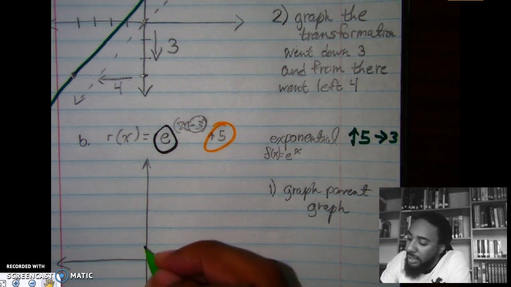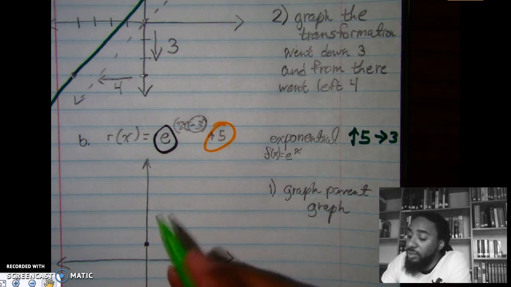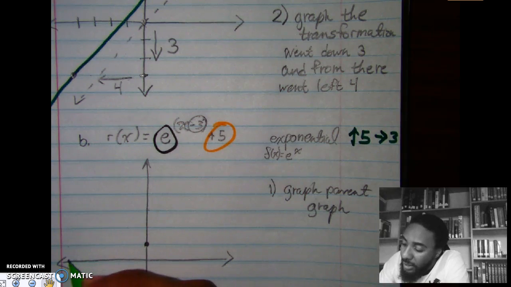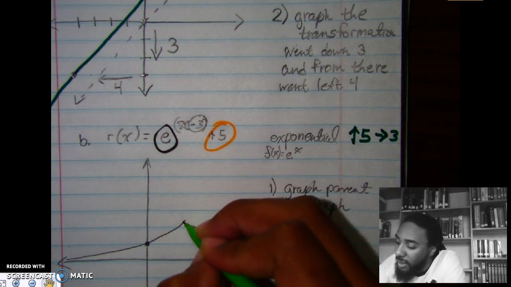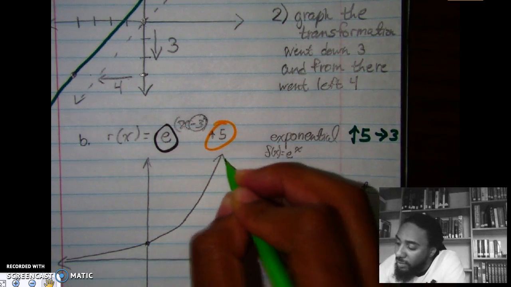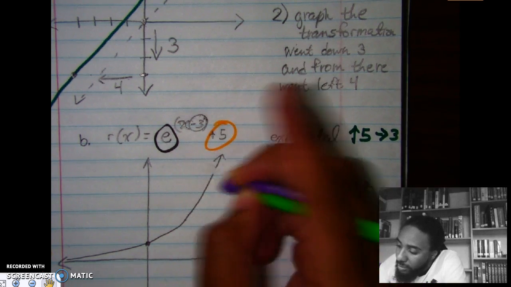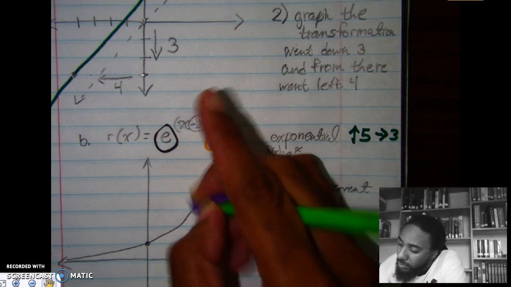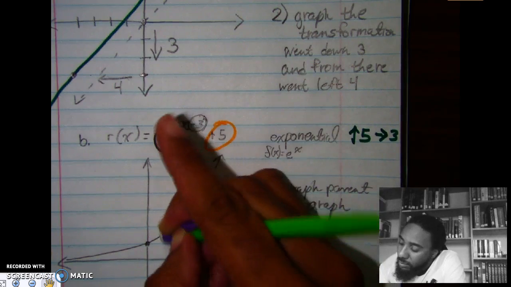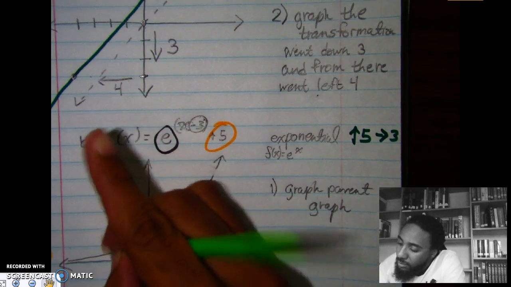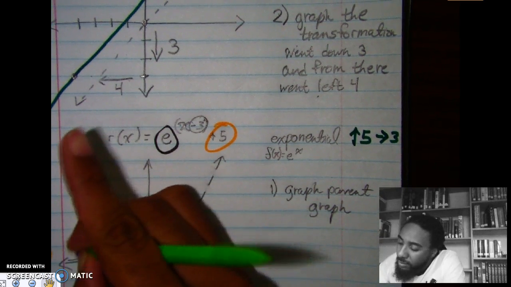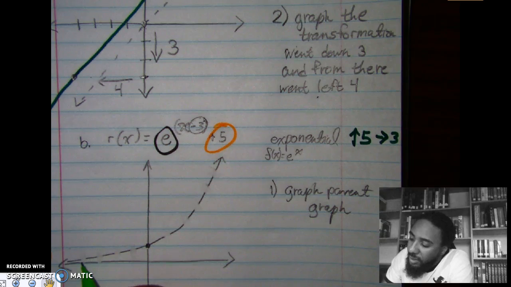For an exponential function, it's going to go through (0, 1) every time, unless there's another transformation happening, but every time it's going to go through that. And again, this is going to be dotted. I'm going to make this a dotted line. All right, so we have our dotted line going on there.